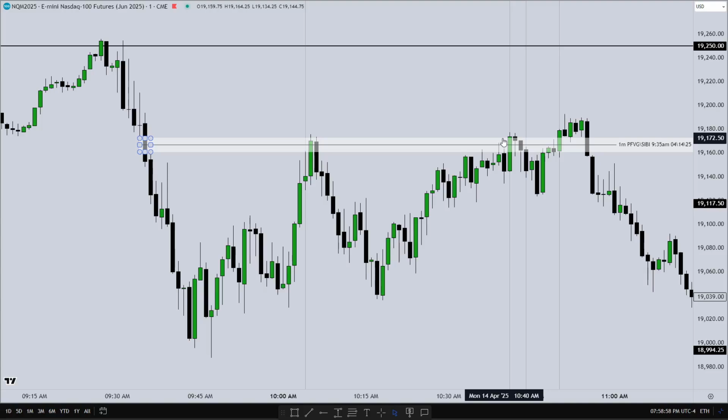Now this is where you'd include all your other analysis to see, does my plan allow for that? Does my plan incorporate or include the flexibility for the market to trade higher?